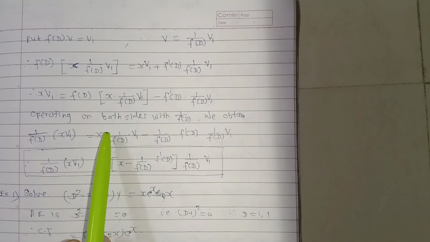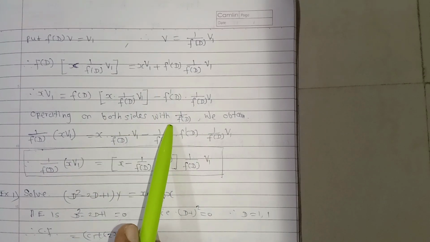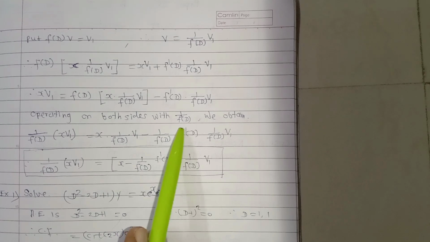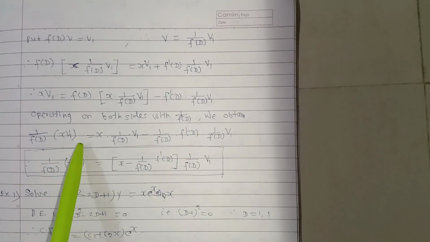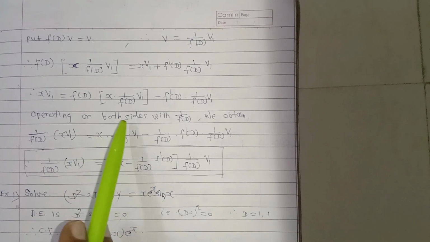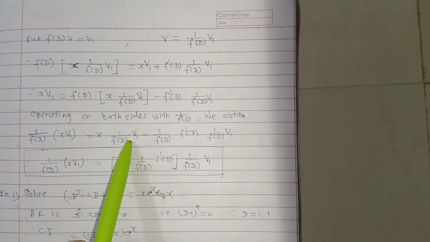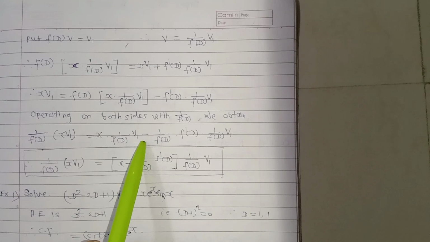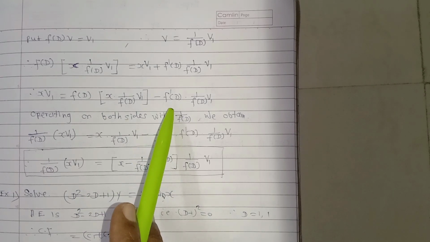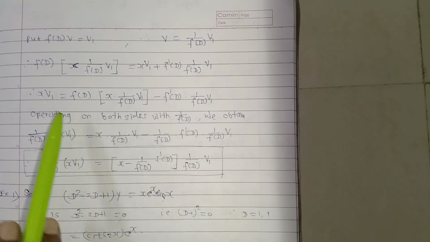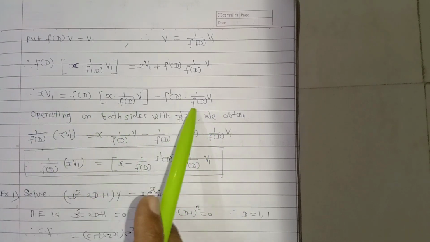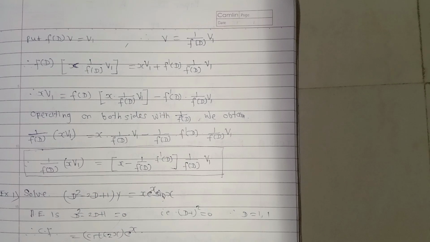Now we operate both sides by 1 upon f(D), so that we get 1 upon f(D) operated on x phi 1 equal to x 1 upon f(D) operated on phi 1 minus 1 upon f(D) operated on f dash D into 1 upon f(D) operated on phi 1. That means we have operated 1 upon f(D) on both sides.